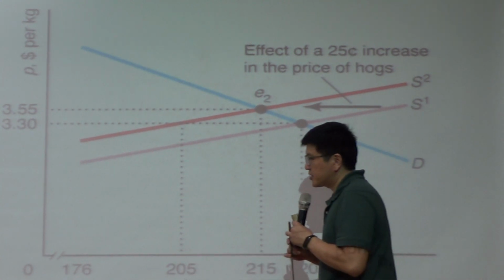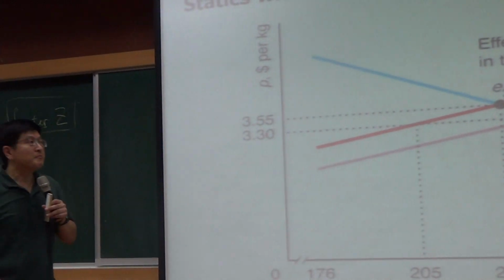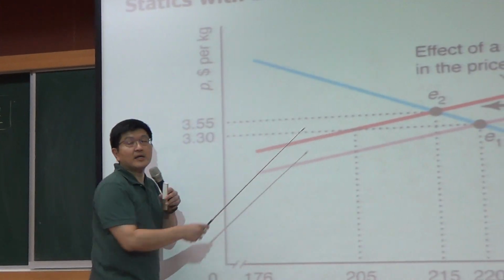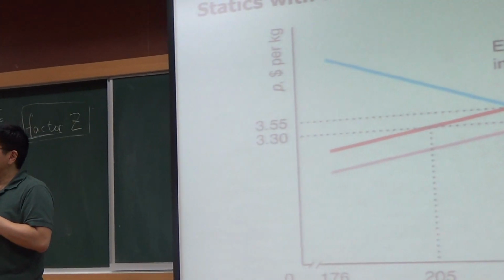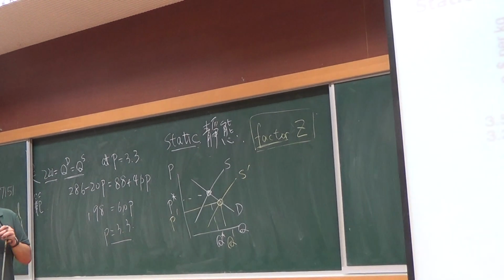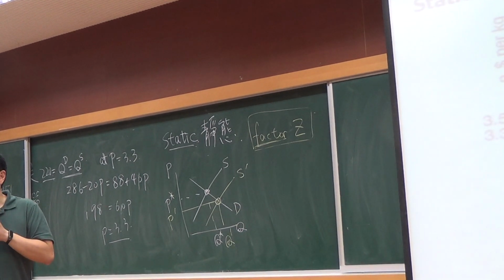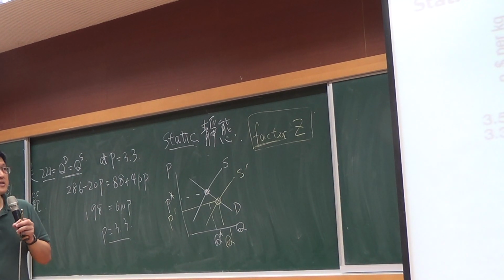So some factor other than price and quantity may shift the supply so that the equilibrium changes. So this kind of analysis is for discrete changes or relatively large changes.